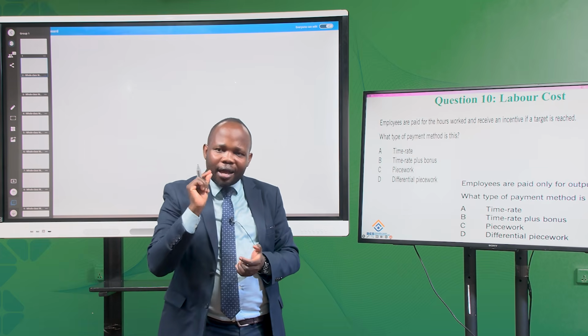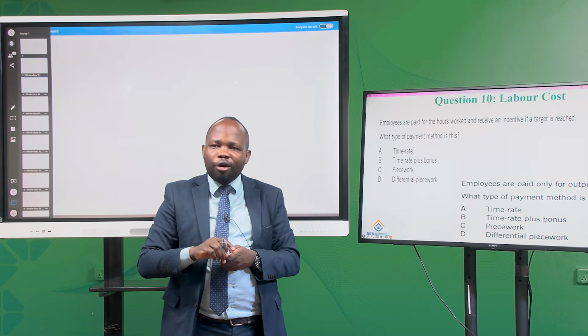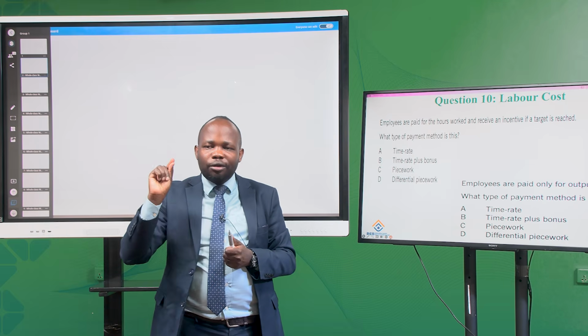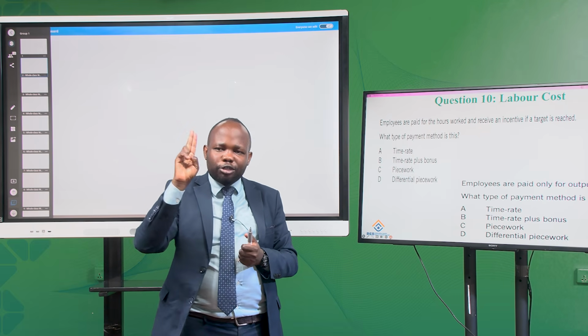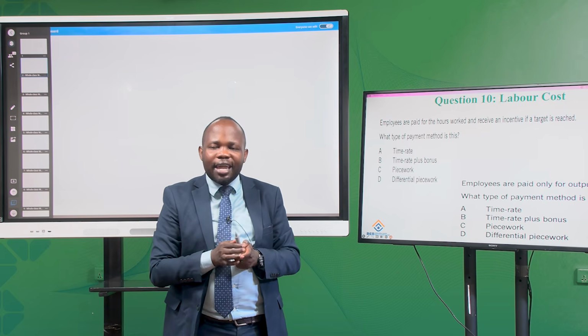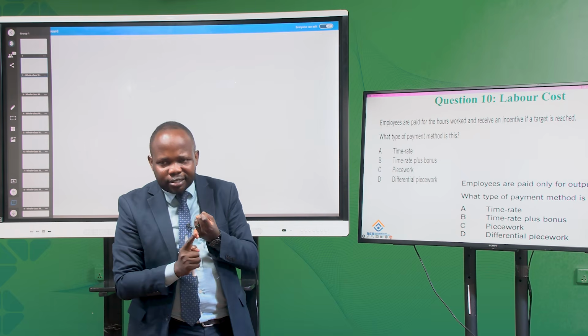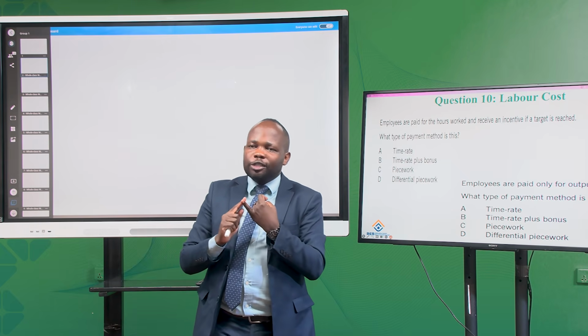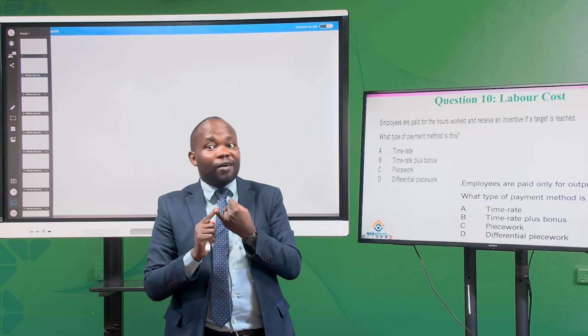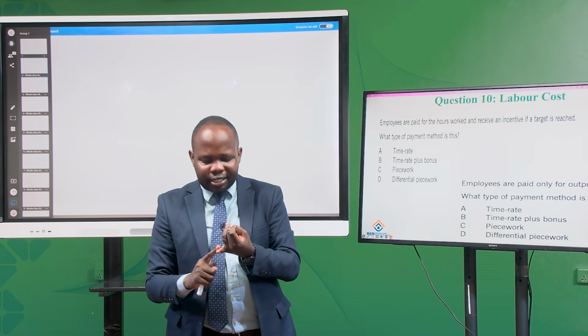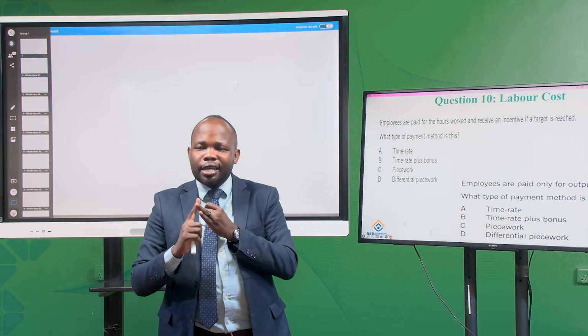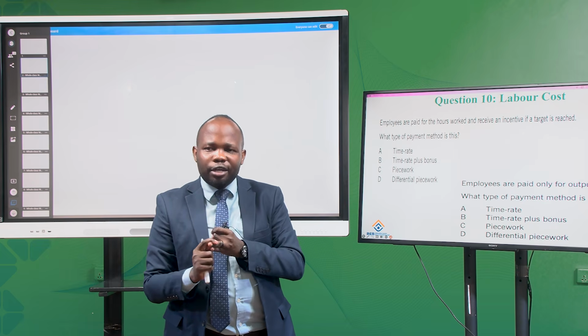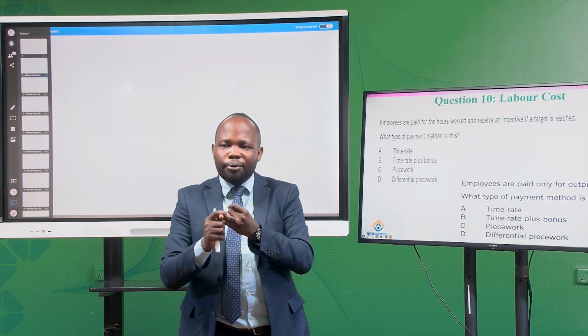Remember, in labor, there is what we call remuneration methods. There are two types of remuneration methods, either time-based or output-based. Time-based is where you are paid according to the number of hours you have worked, and output-based is where you are being paid according to the number of units you produce.